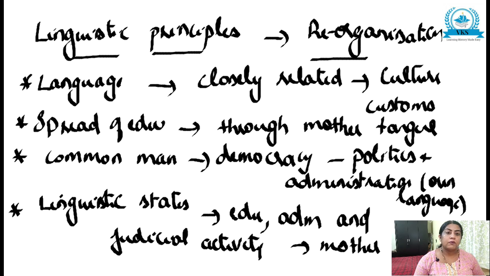So language was closely related to the culture and customs of the people. Spread of education and literacy happened through mother tongue. A common man can make democracy real only if the politics and administration was in his own language. And linguistic states can provide education, administration and judicial activity in their own mother tongue.